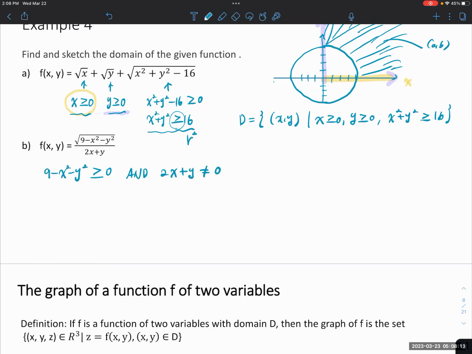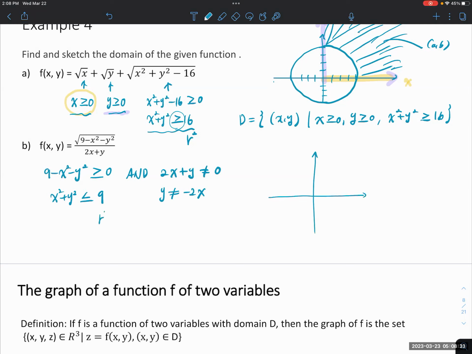So let's modify that. If you modify, x squared plus y squared is less than or equal to 9. And then if you modify this one as a linear, y is not equal to negative 2x. That's it. So let me draw the graph.